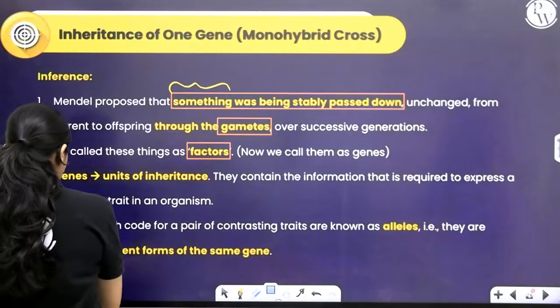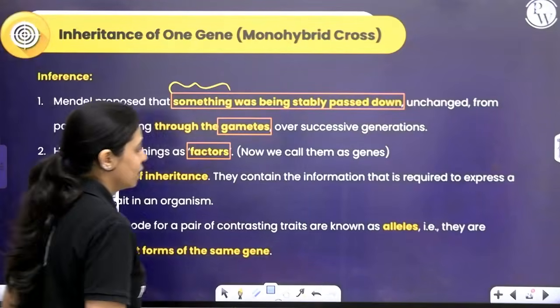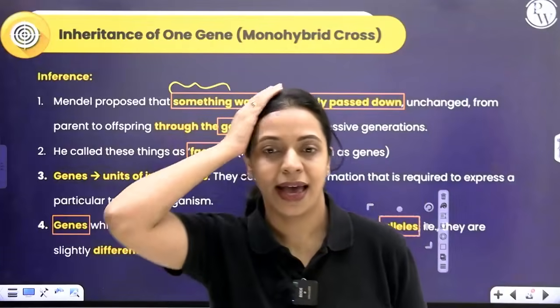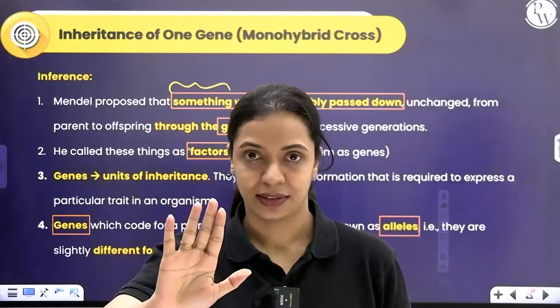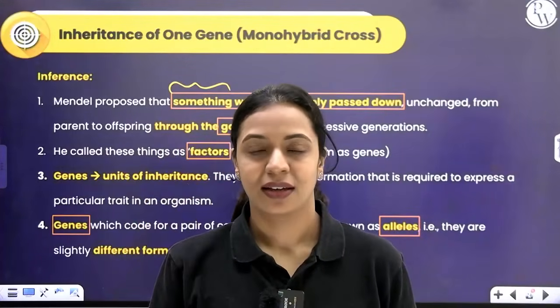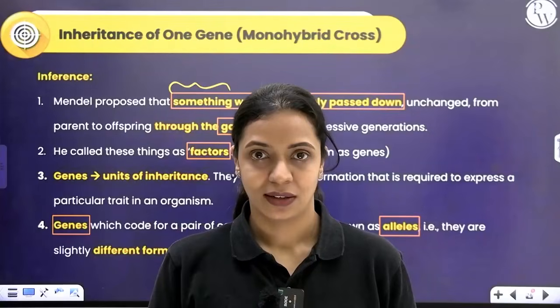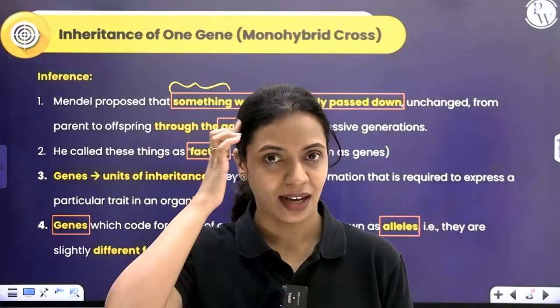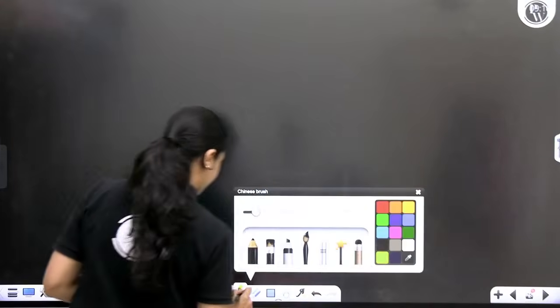Now, genes will have different variants. For example, hair color is one character. The color of your hair is controlled by a gene. Now, hair color can exist in different varieties, right? Hair color is a character.